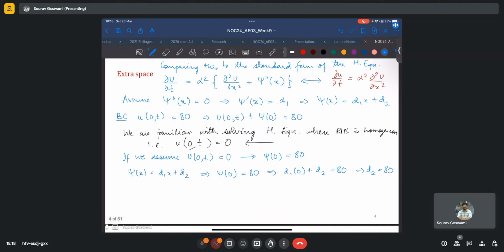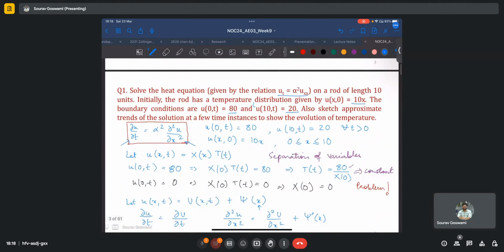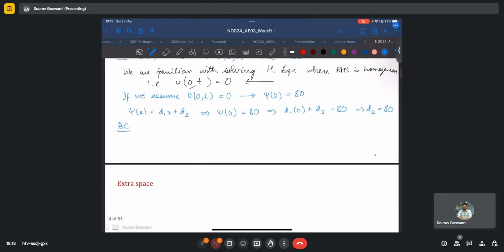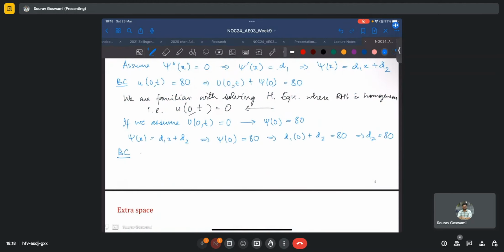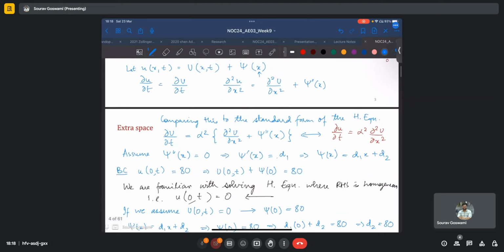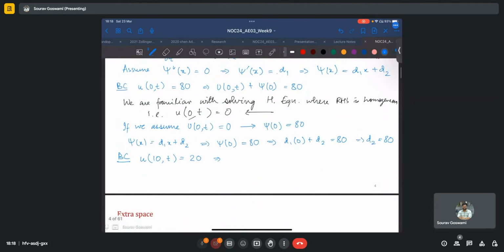Similarly, let's check for the other boundary condition. u at 10 comma t is 20, which implies that capital U at 10 comma t plus φ at 10 is equal to 20.